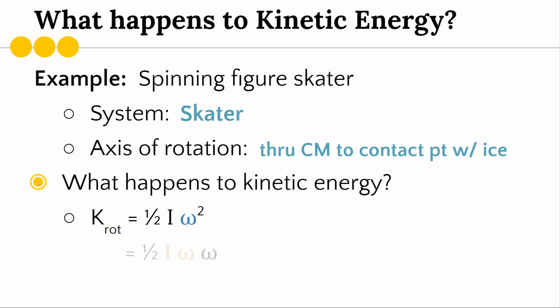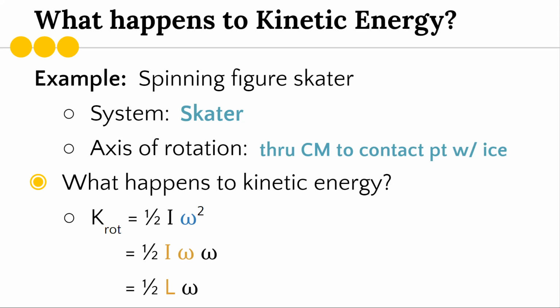Omega squared would, of course, be omega times omega. And if we write it out like that, I times omega is the equation that we just learned today. That is your equation for your angular momentum. So you could rewrite the equation like this: her rotational kinetic energy is equal to 1/2 times her angular momentum times her angular velocity.